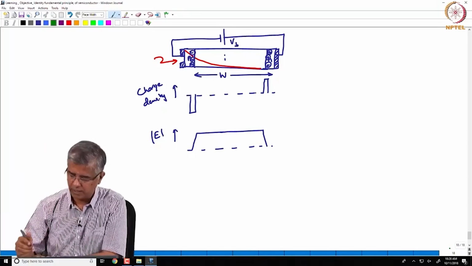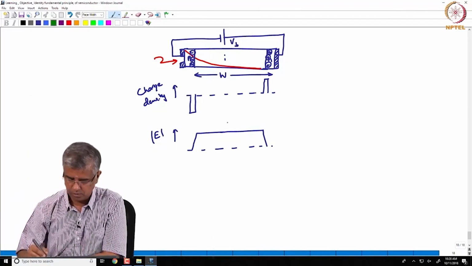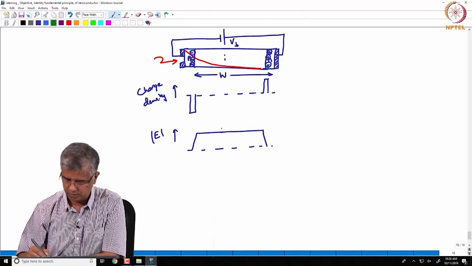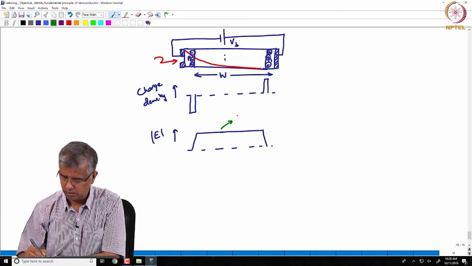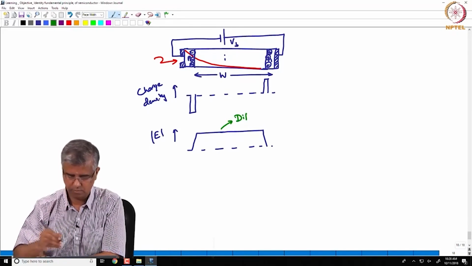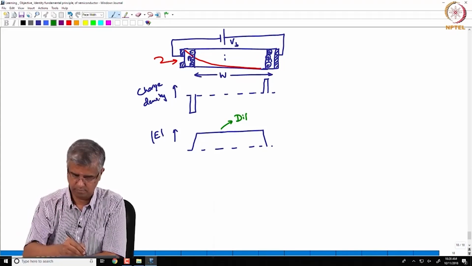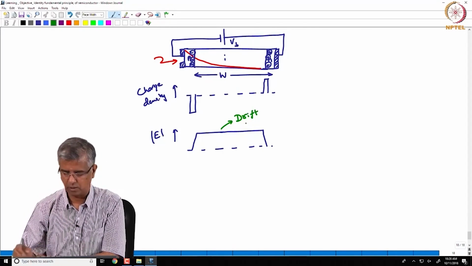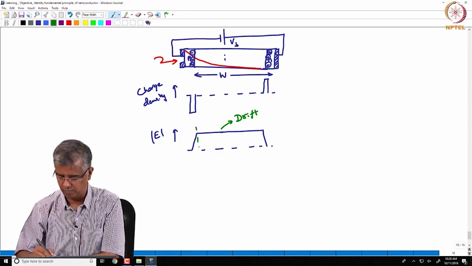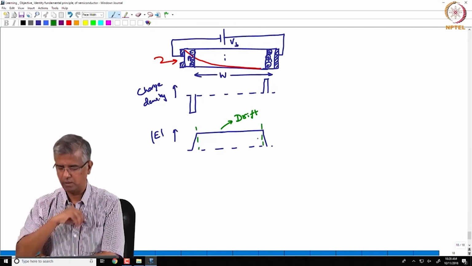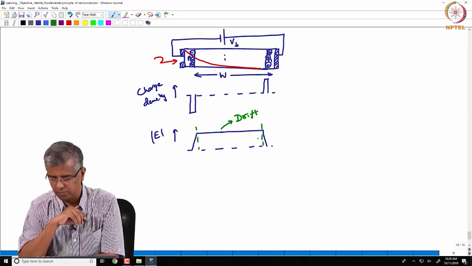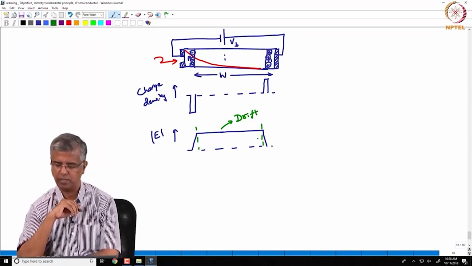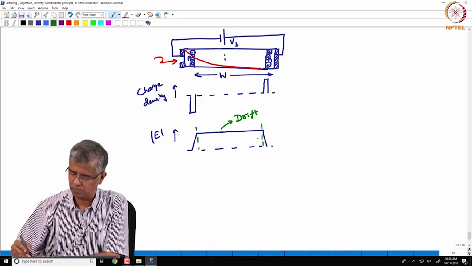So, just to emphasize this point, across this entire region you have the drift process dominating, so that gives a better response from the photodiode.